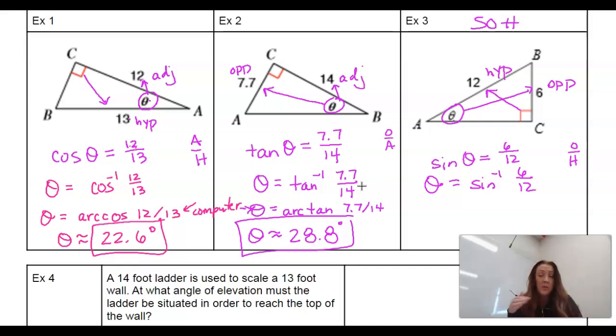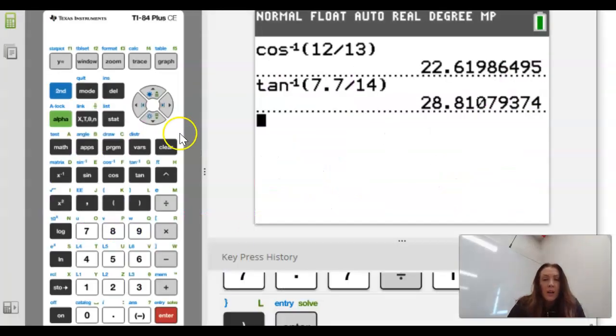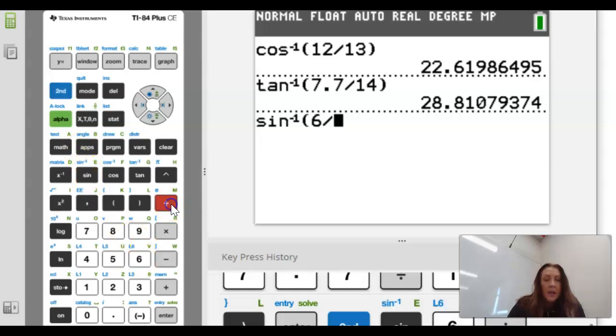I know 6 over 12 reduces, but you don't even need to reduce these ratios, okay? If you're typing this into a calculator, you're going to type in arc and then sine 6 divided by 12. So second sine 6 divided by 12.